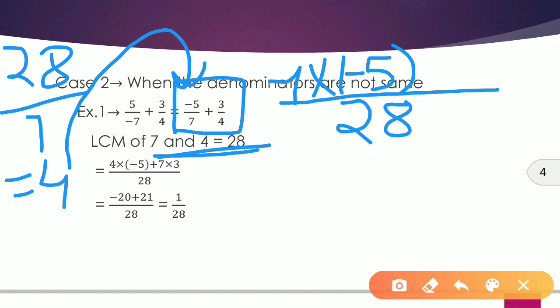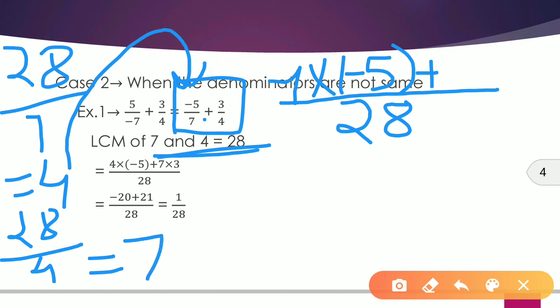After that, what is the sign? The sign is plus, so you write here plus. Then again write 28 divided by the denominator of the second rational number, which is 4. This gives you 7. Now you have to multiply this 7 with the numerator of the second rational number, means 7 into 3.